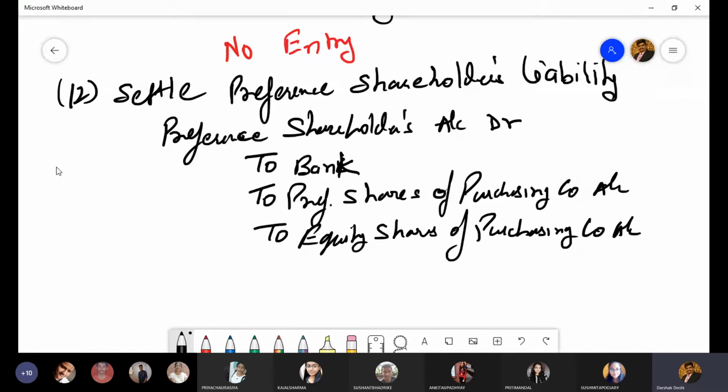After settling preference shareholders liability, we will close down preference shareholders account and transfer the balance, if any. If there is any balance, that balance will be transferred to the realization account. I'm writing down.